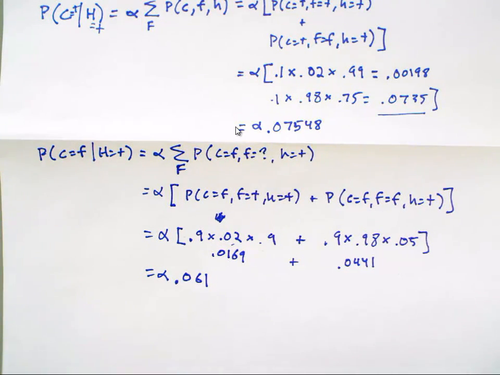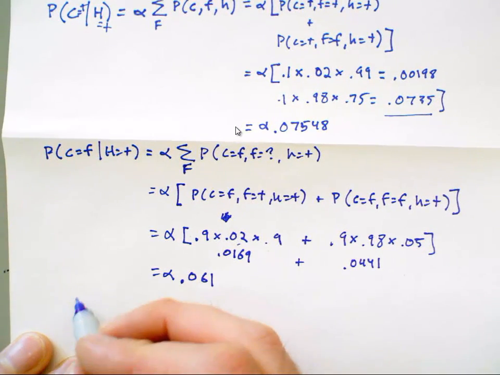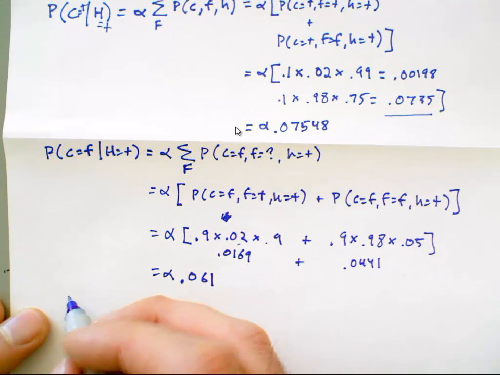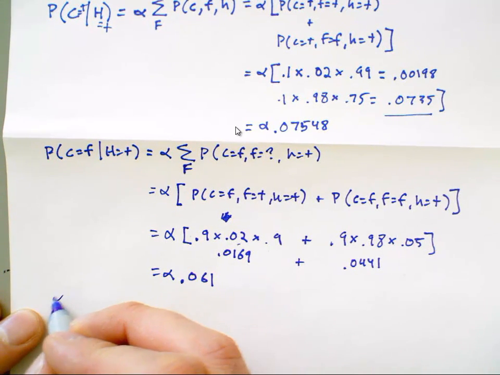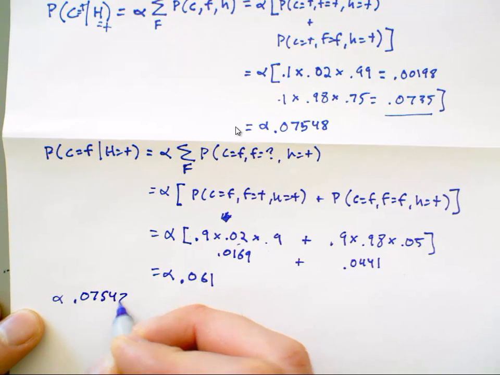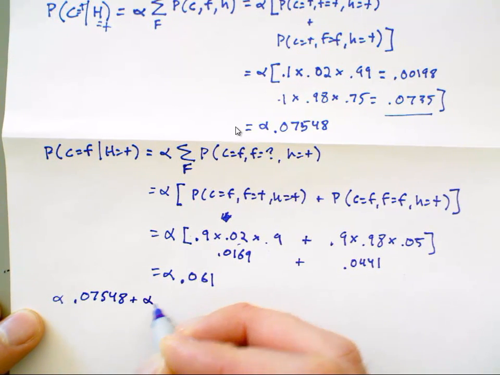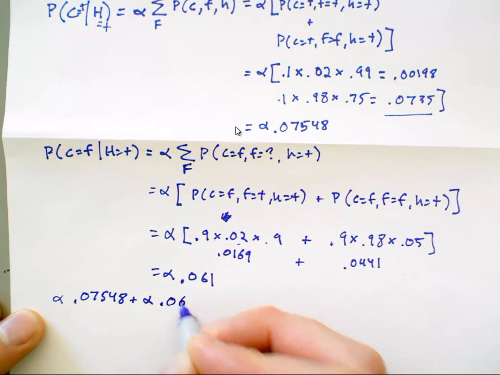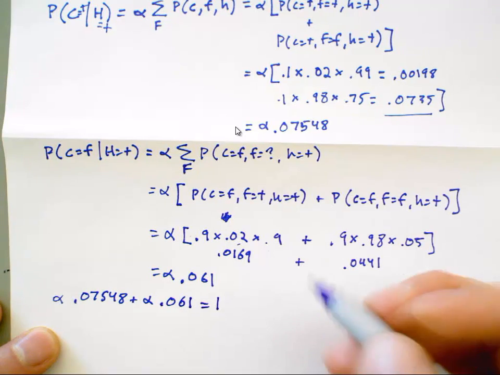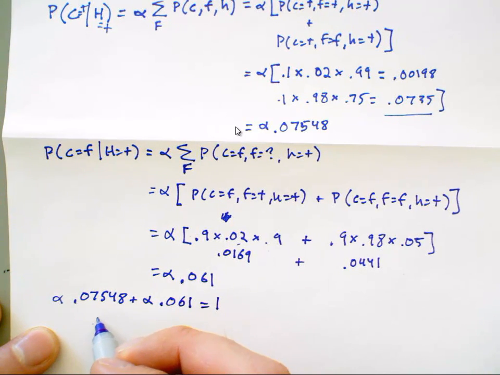So we know that alpha 0.07548 plus alpha 0.061 equals 1. So this is just alpha.